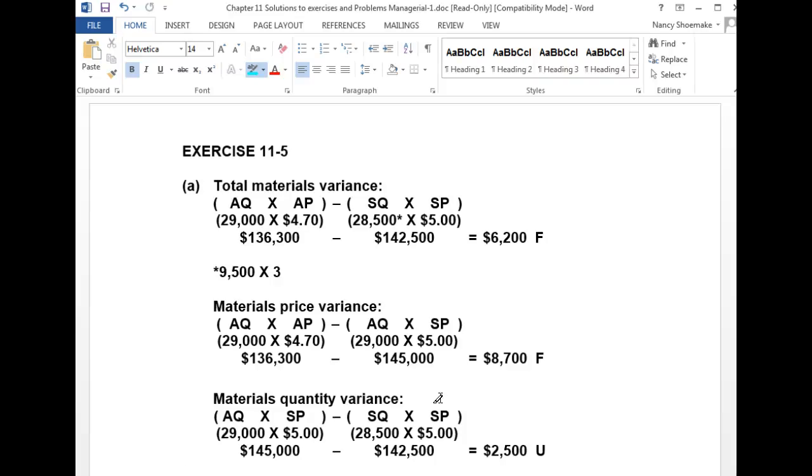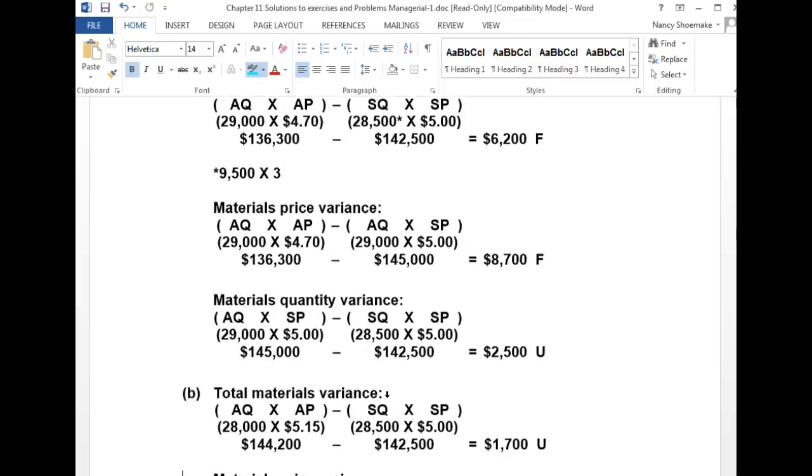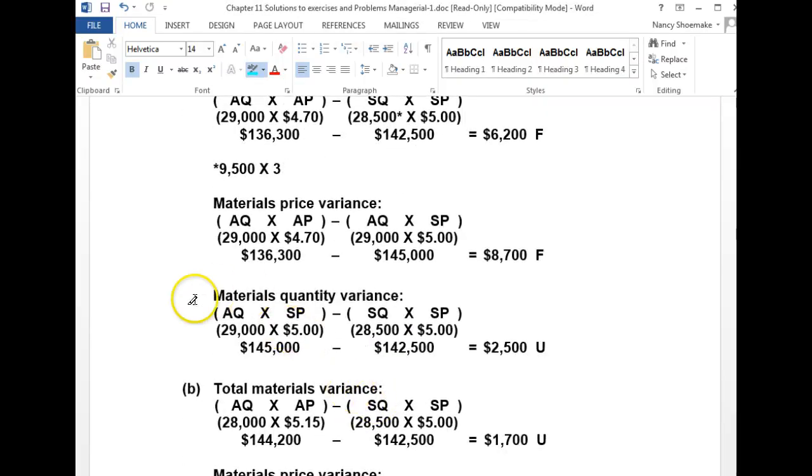So we were definitely in a favorable situation. We bought the product cheaper. But look at what's happening to our material quantity. We're taking actual quantity times standard price minus standard quantity times standard price. We used more here, didn't we, than we anticipated.